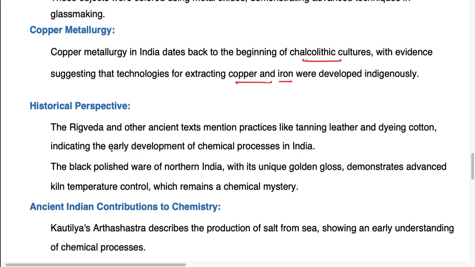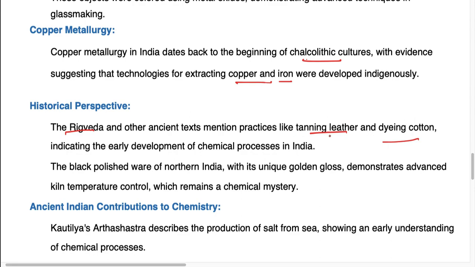Let's see the historical perspective. The Rig Veda and other ancient texts mention practices like tanning leather and dyeing cotton, indicating the early development of chemical processes in India.